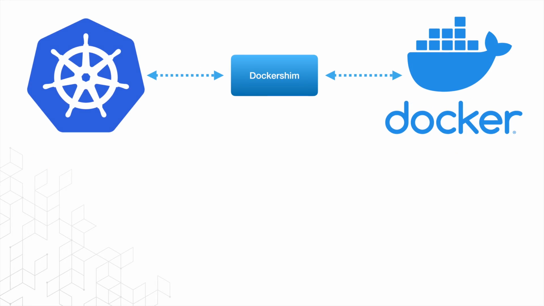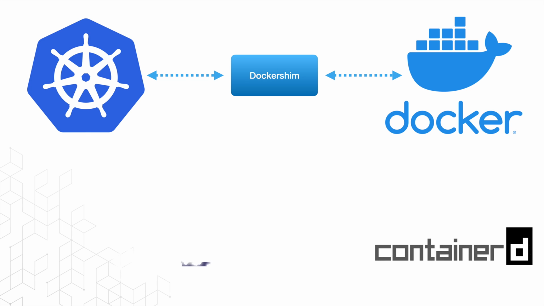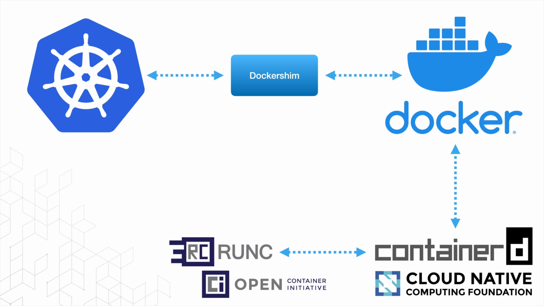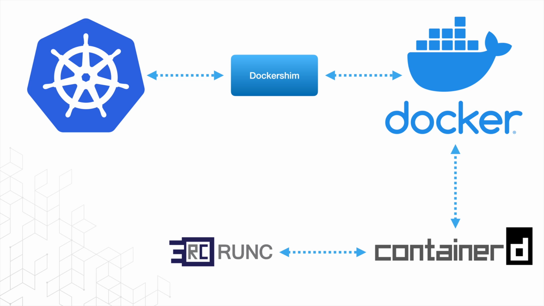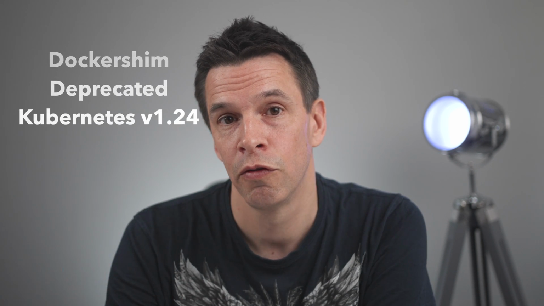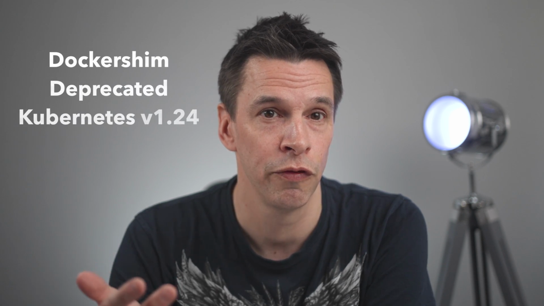Docker spun off their container runtime into projects called Containerd and runC. These were respectively donated to the CNCF, the Cloud Native Compute Foundation, and the Open Container Initiative. So now, rather than Kubernetes using Docker Shim to communicate with Docker, which has far more functionality than Kubernetes actually needs, Docker Shim, the bit in the middle, has been deprecated as of Kubernetes 1.24.